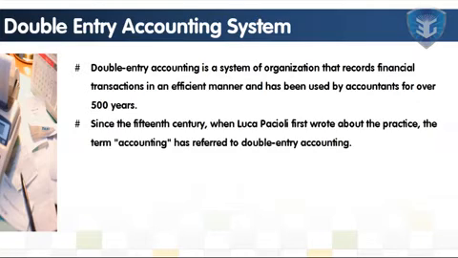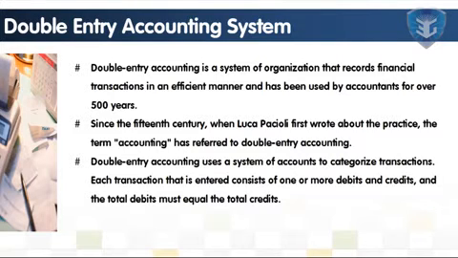Since the 15th century, when Luca Pacioli first wrote about the practice, the term accounting has referred to double-entry accounting. Double entry accounting uses a system of accounts to categorize transactions. Each transaction that is entered consists of one or more debits and credits, and the total debits must equal the total credits.